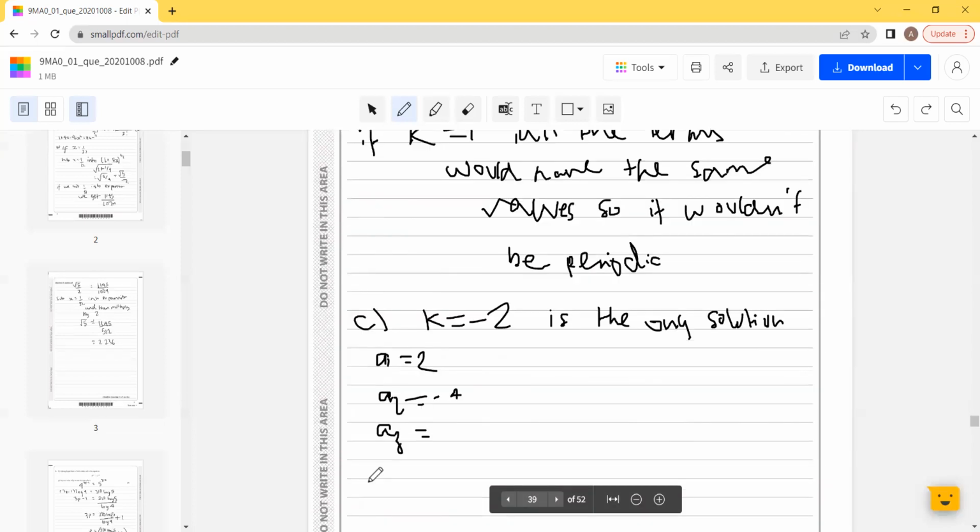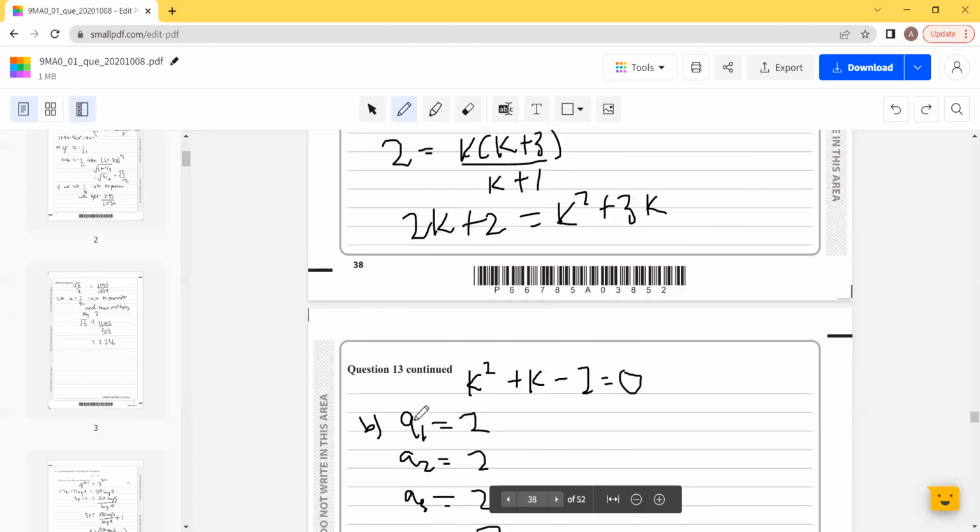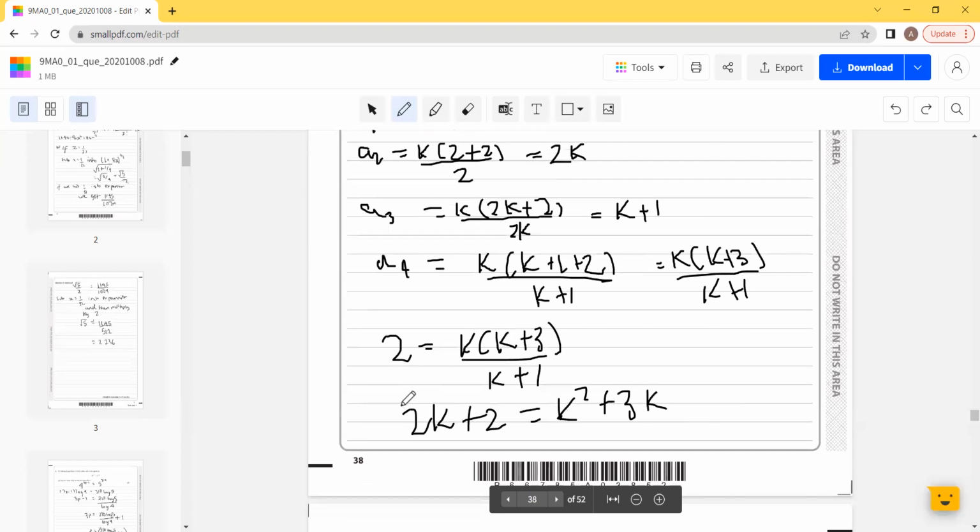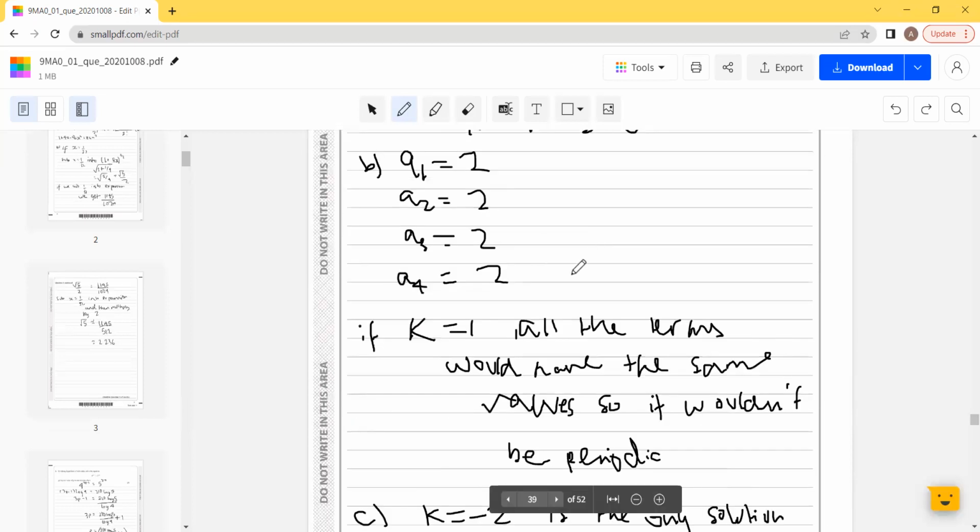Okay, then a3 would be k plus 1, which is -2 plus 1, so just -1.